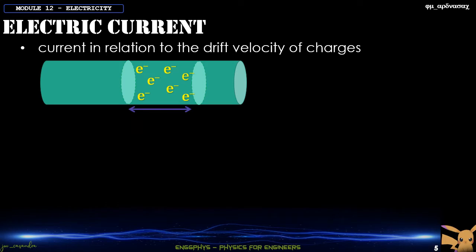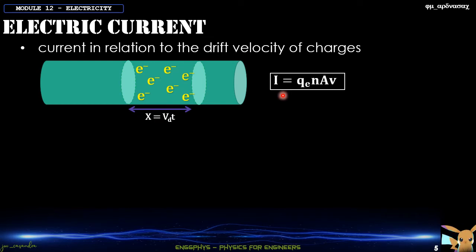We consider these two points as our change in position, x. From motion, we know that it is equal to the speed times the time, or the drift velocity times the time it would take to pass our x distance.